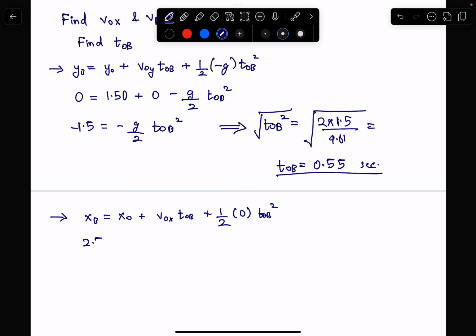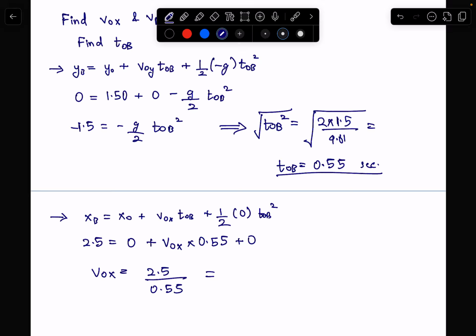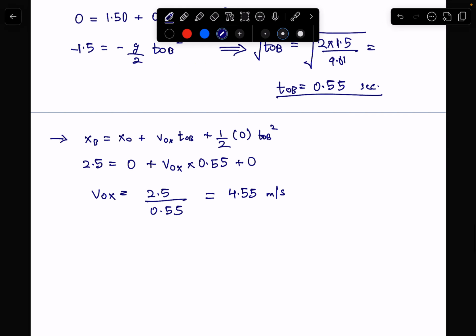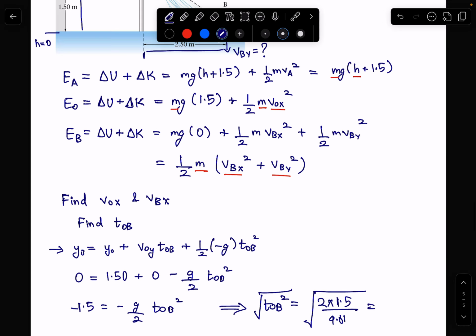So xB is 2.5, xO is 0, plus Vox is unknown. Our tOB, I found it as 0.55, plus 0. So I can find Vox here. It's just 2.5 divided by 0.55. So that is 4.55 meters per second. Perfect.